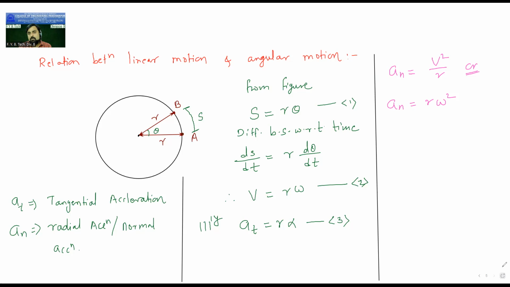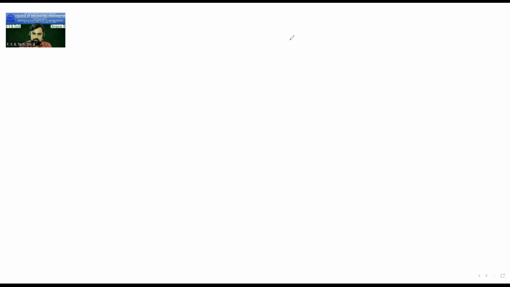To take the problem now. A wheel rotating about a fixed axis at 20 rpm, revolutions per minute. rpm means revolutions per minute.